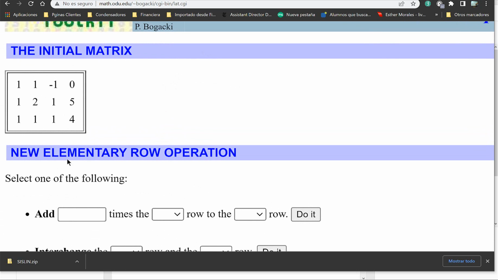And then we are using elementary row operations. Using the first row, we are going to do elementary operations to get 0 here and 0 here. If I add minus 1 times the first row to the second, I'll get a 0 here.